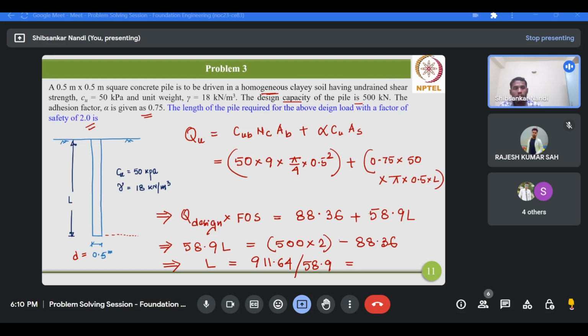So did I make any mistake in this problem? Yeah, so I made a mistake. Can you please identify this mistake? How did you get 500 into 500 into?